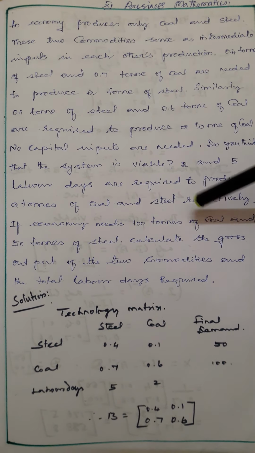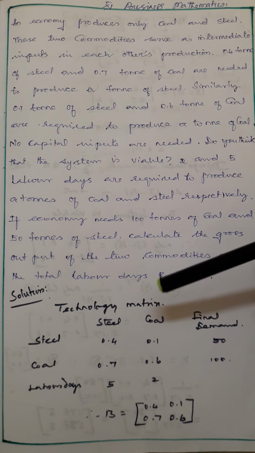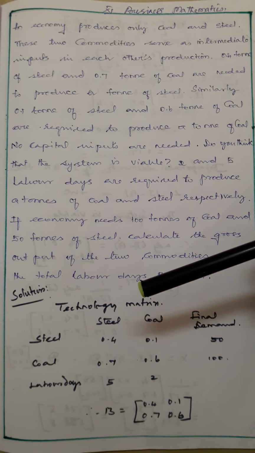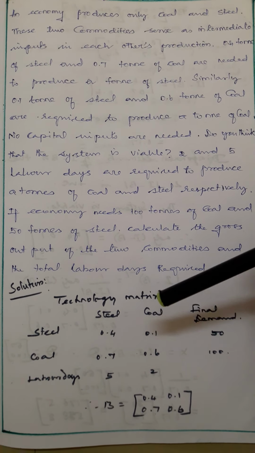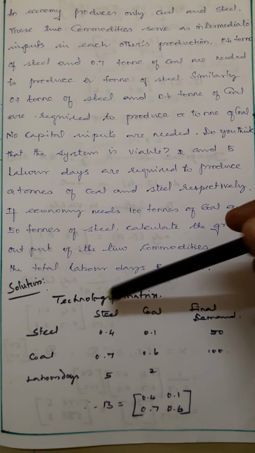So it's one of the important 5 mark questions, as I told you before. How to frame the table, or the technology matrix, is important. You can write column wise steel, coal, labor days, and row wise steel, coal and final demand.